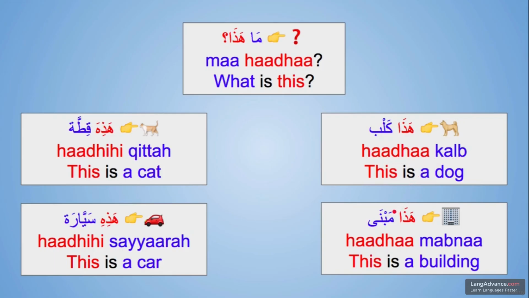And also we can say هذا مبنى, this is a building, and also building is masculine. But when we're referring to something that is feminine, something like a cat here, we say هذه قطة, this is a cat, and using هذه because it's feminine. Or هذه سيارة, this is a car, and this is also feminine.